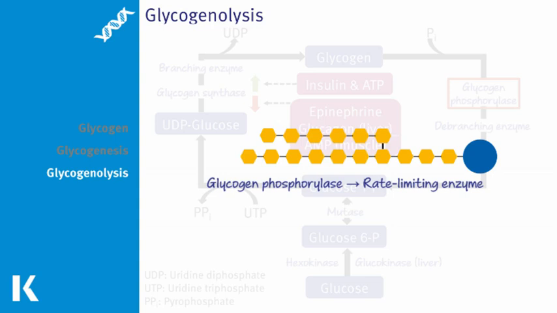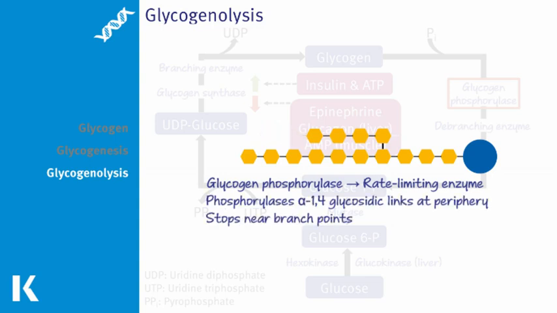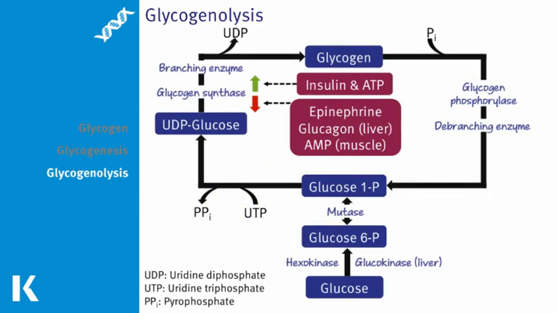It will phosphorylate peripheral alpha-1,4 glycosidic linkages, creating glucose 1-phosphate monomers as the linkages are severed, but will stop at the branch points. More on that in a moment. Quickly note here that glycogenolysis is regulated in the opposite fashion as glycogenesis, with signs of ample free energy inhibiting the enzyme and signs of depleted free energy stimulating it.